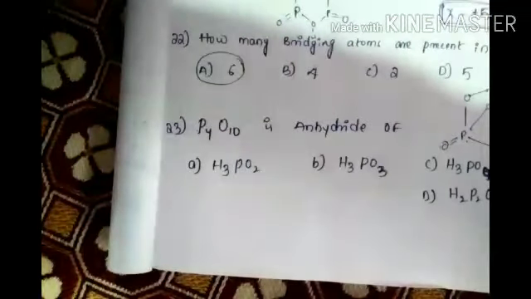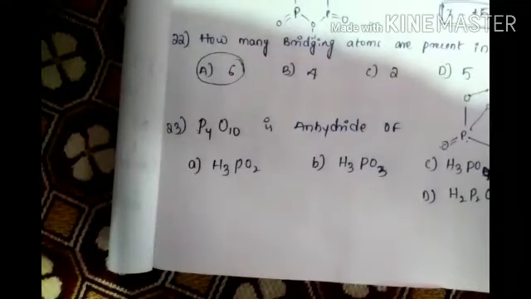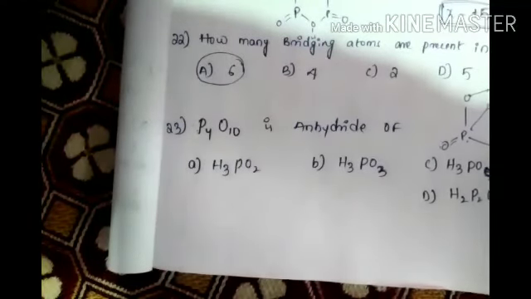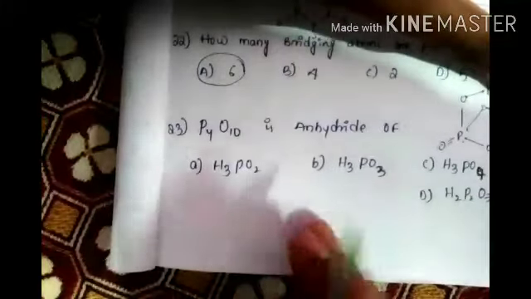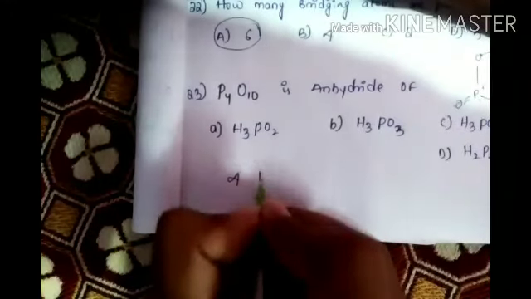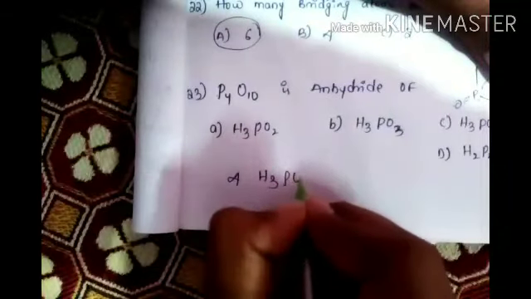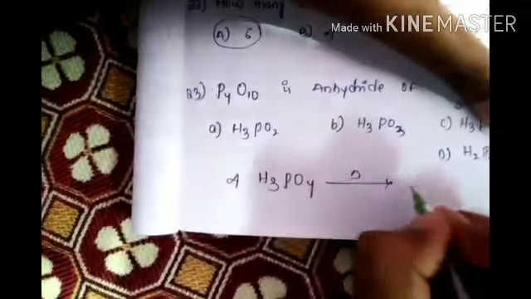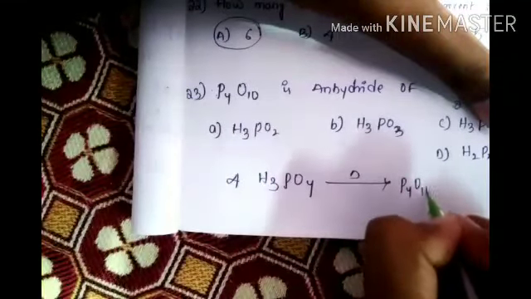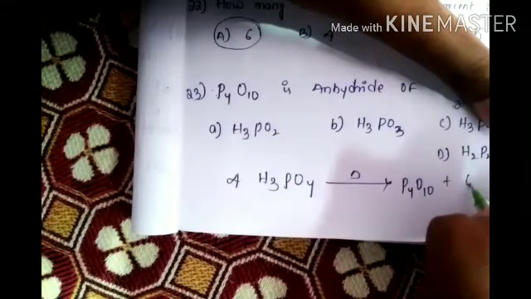Okay. Next. One more question. P4O10 is the anhydride of what? From where does P4O10 come? It is 4 moles of H3PO4. 4 moles of H3PO4 on heating gives P4O10 plus 6 moles of H2O.